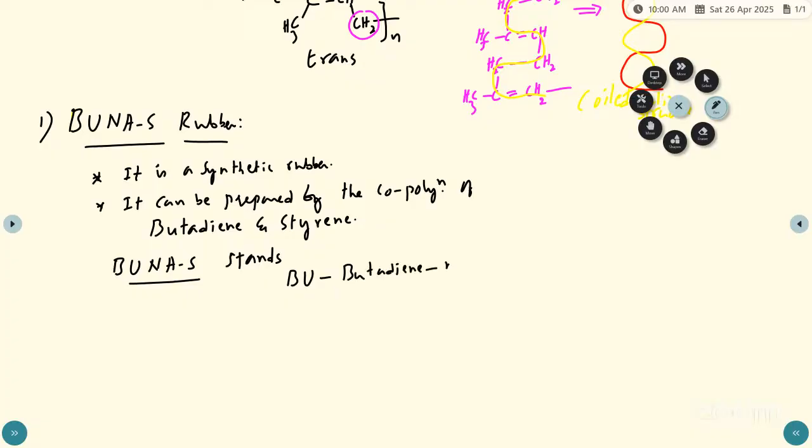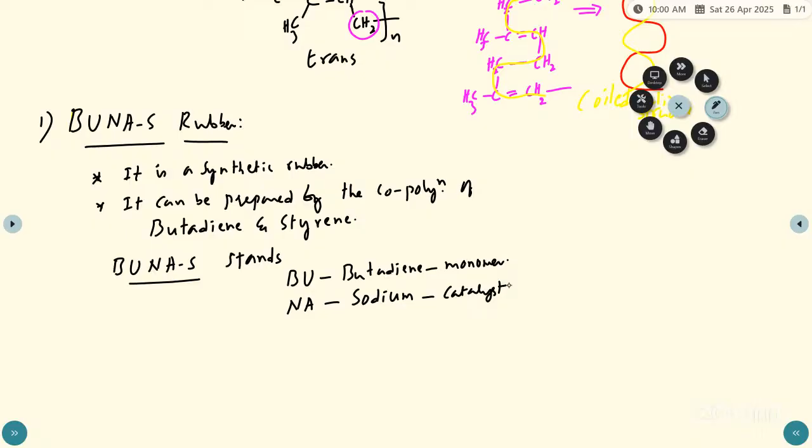What is butadiene? It is used as a monomer. And next, Na, capital N and capital A. Na stands for sodium, and it is used as catalyst.